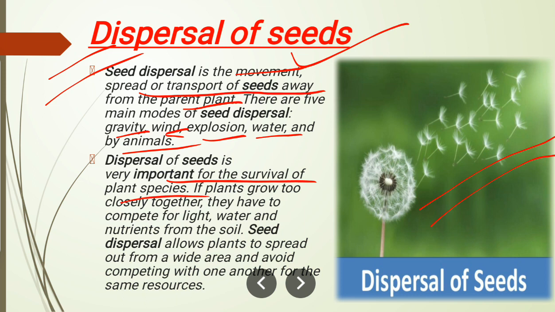If plants grow too close, all together, they have to compete for light, water and nutrients from the soil. Seed dispersal allows plants to spread out over a wide area and avoid competing with one another for the same resources. So that's why this dispersal is very important.